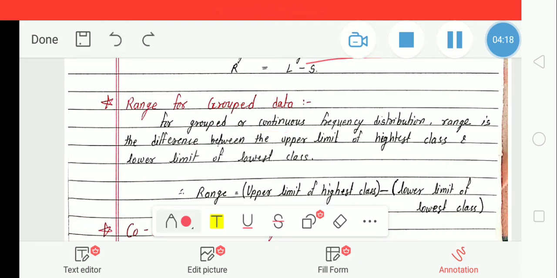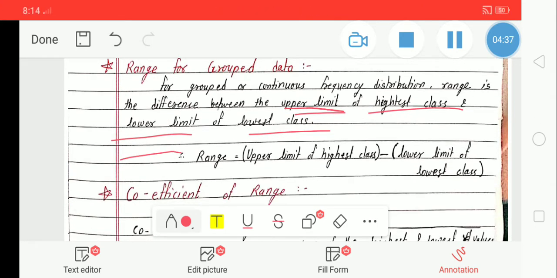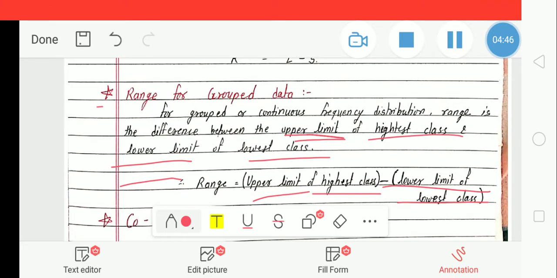Here we take the upper limit of the highest class minus the lower limit of the lowest class. So range is equal to upper limit of highest class minus lower limit of lowest class. So this is for grouped data.